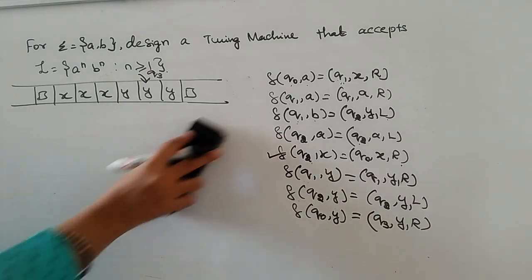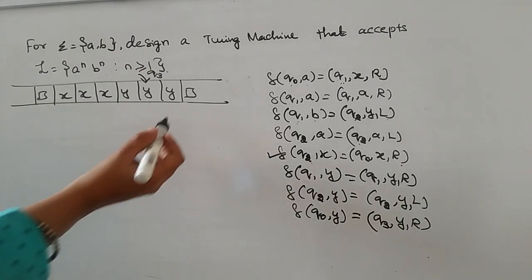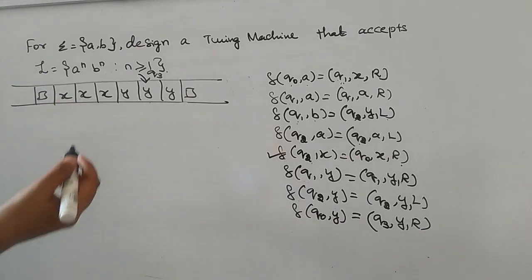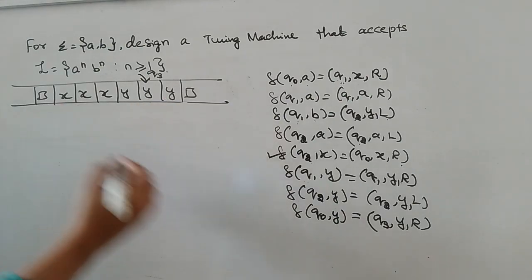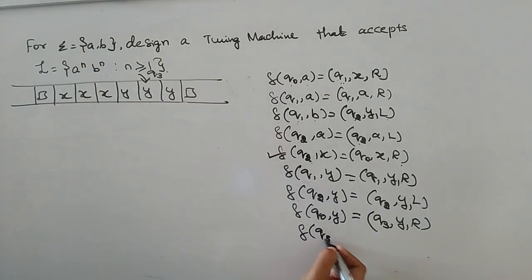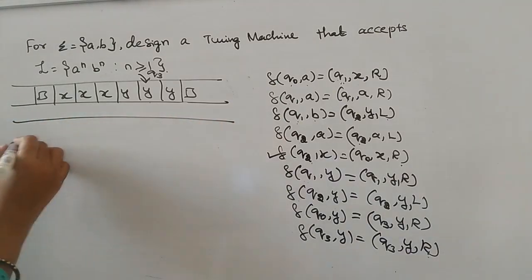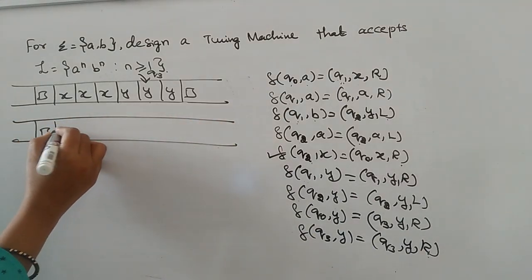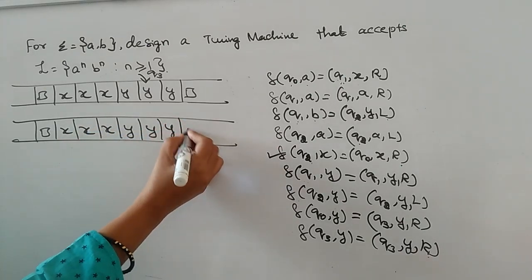Okay, now if the machine is in the state Q3 and it is pointing to the symbol Y, simply we are going to shift our read write head towards right only. That means here we can write del of Q3 comma Y is equal to Q3 comma Y comma R. Okay, so here we can write blank symbol, X, Y and blank.